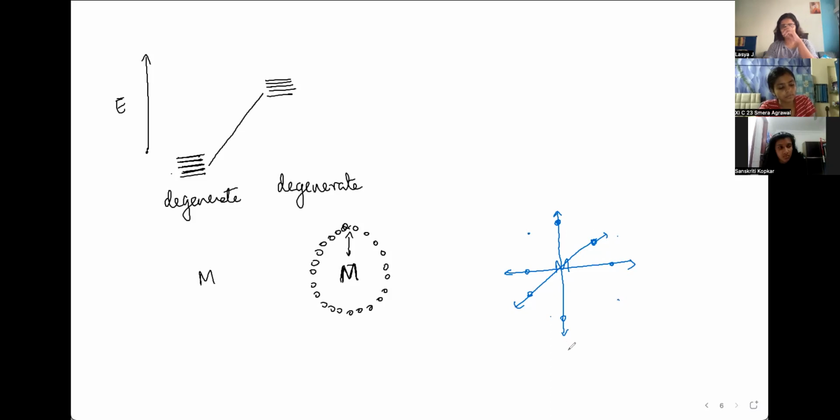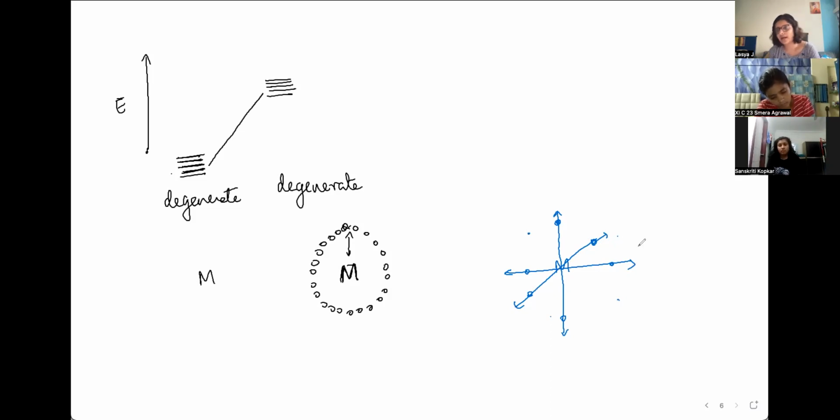So depending on whether the ligand is approaching tetrahedrally or octahedrally, the different d orbitals will face different levels of repulsion from the ligands, from the negative charge.